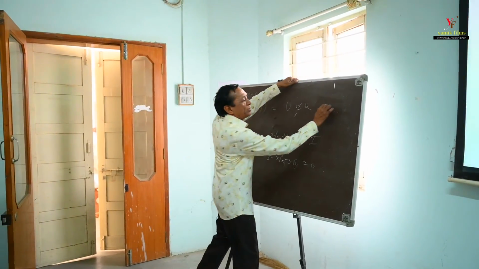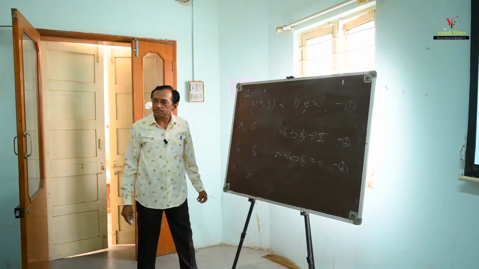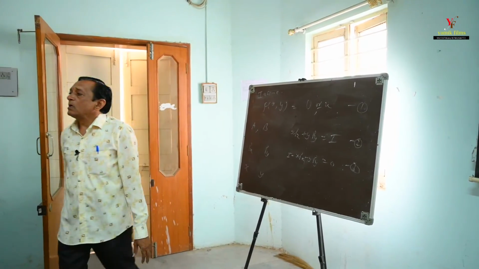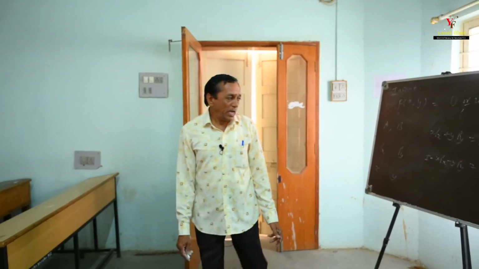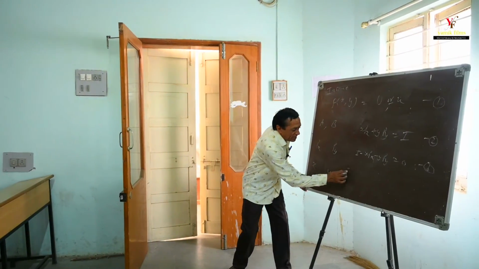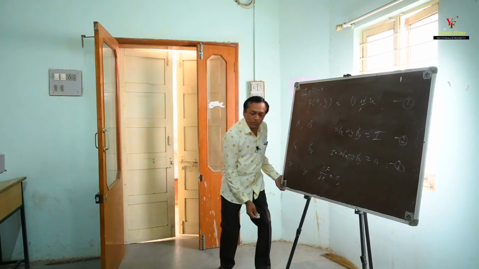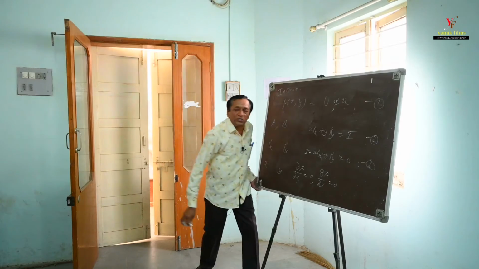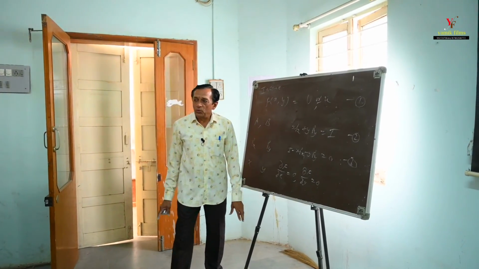Then we find the Lagrange multiplier lambda, and the partial derivative with respect to x is 0, and with respect to y is also 0.